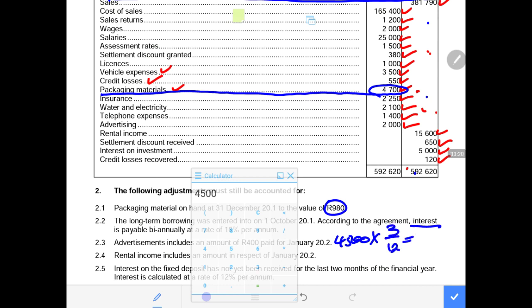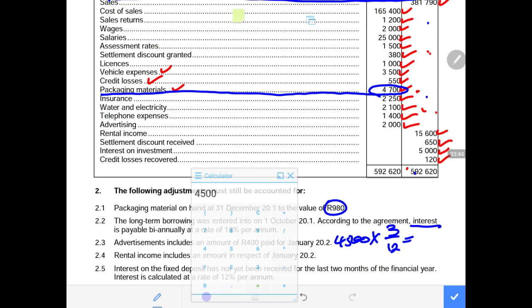Remember, in the income statement, we record expenses that were supposed to be paid. We were not supposed to pay interest for the full year, meaning from January. We're supposed to pay only for October, November, and December. And in December, it is the end of the accounting period. Remember, it doesn't mean next year we're not going to pay.